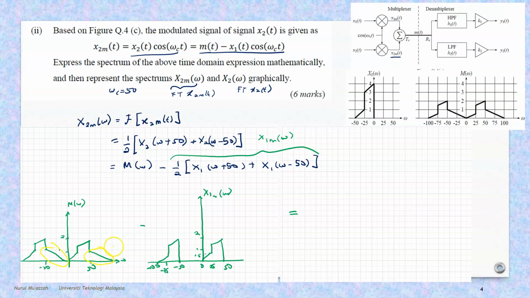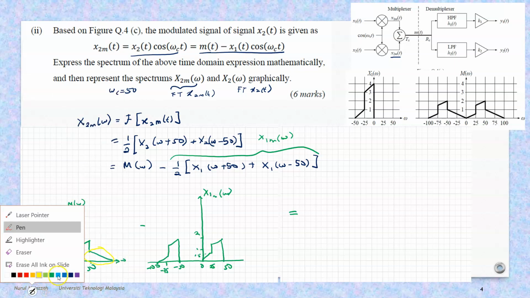So I repeat, if you observe these two signals, x1m omega doesn't have this triangle, but m omega has. It means that this part here should come from another signal. So another signal here is x2m t, which when we Fourier transform it, will become x2m omega, right?